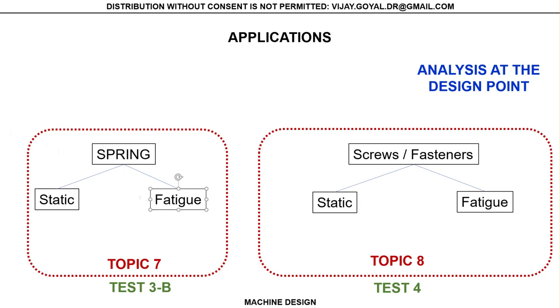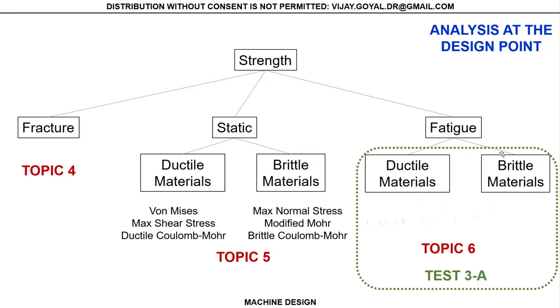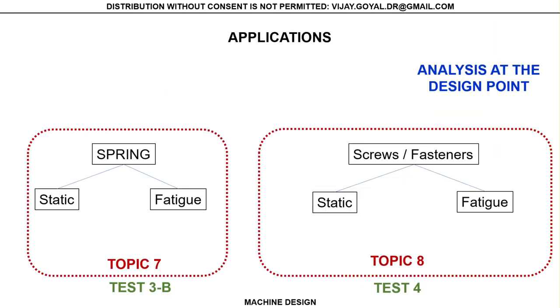It's mainly the application of most of this fatigue theory that we learned here. So that's going to be the other half of your test number 3. The last topic for test number 4 is screws and fasteners. We will do that again for static, and we're going to do that for fatigue.